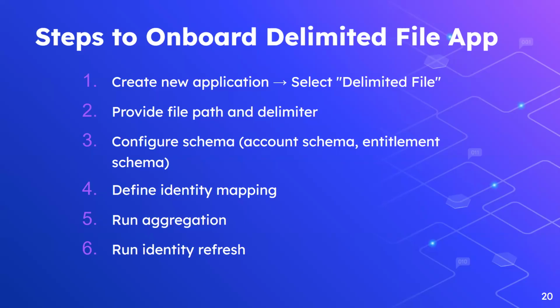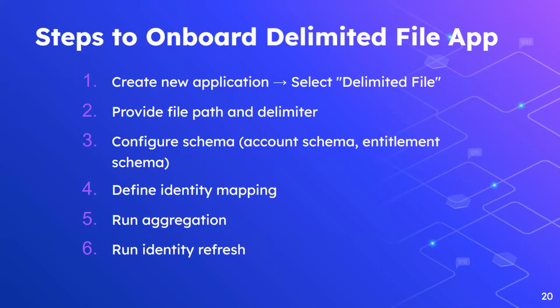So, a pretty summary of all the things that we have done previously. Once again, let me read through this one more time. Steps to onboard a delimited file application: create a new application, select delimited file, provide file path and delimiter. This is what we did last time, I think. Configure. Remember when we uploaded the CSV? This is what we did, right? Configure schema, account schema, entitlement schema.